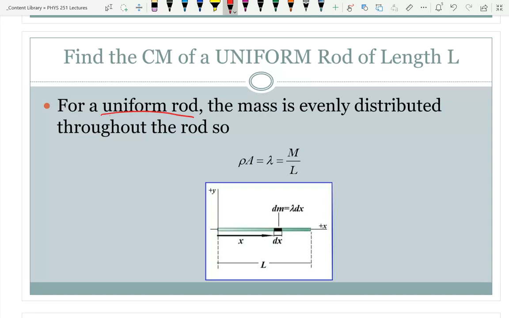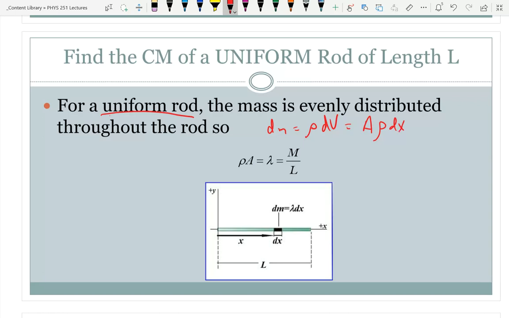So we are going to have dm equal to rho dV, right? That's always true. Is equal to rho times area times dx.